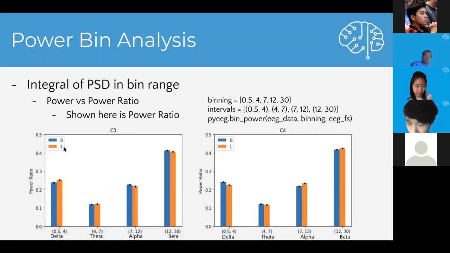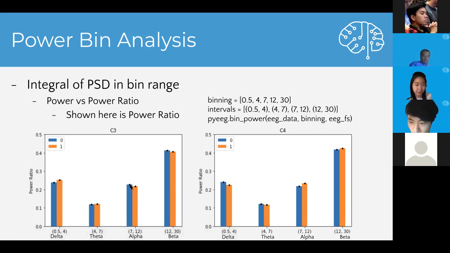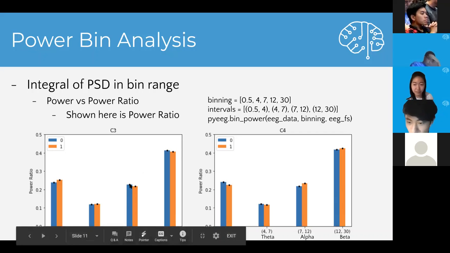And you can see how across different classes in the alpha band, we have a similar thing that we saw before, where the left case sees a slightly higher power ratio. So if you think about moving your left hand, then the C3 electrode will be higher because it'll sort of reduce in the C4.